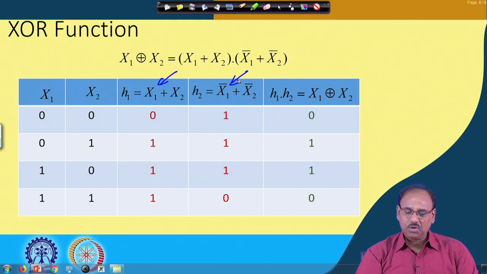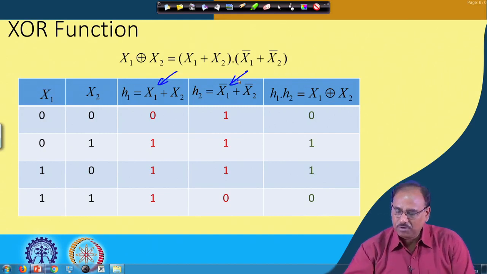When the input is 0, 1, h1 will be 1, h2 will also be 1. When the input is 1, 0, h1 will be 1, h2 will also be 1. And when the input is 1, 1, then h1 will be 1 and h2 will be 0.